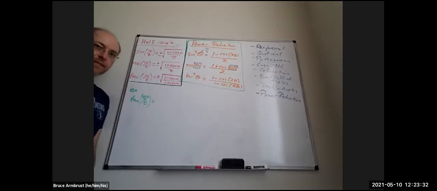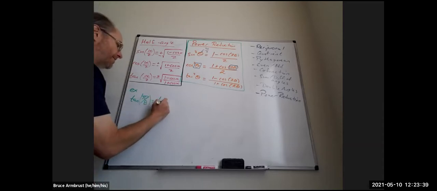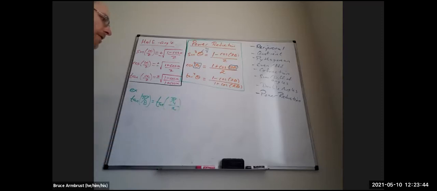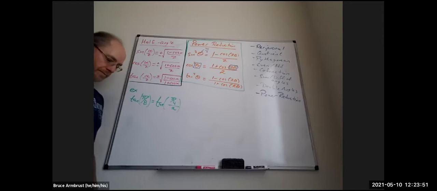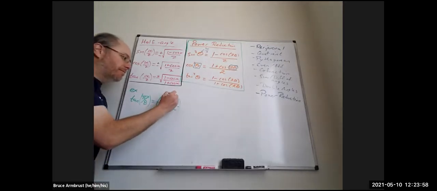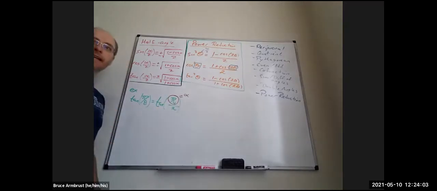However, it is half of one of the angles that's on your chart. This is actually the same as the tangent of pi over 4 divided by 2. All right, so pi over 4, that's our alpha. That's the thing that we're cutting in half to get pi over 8.